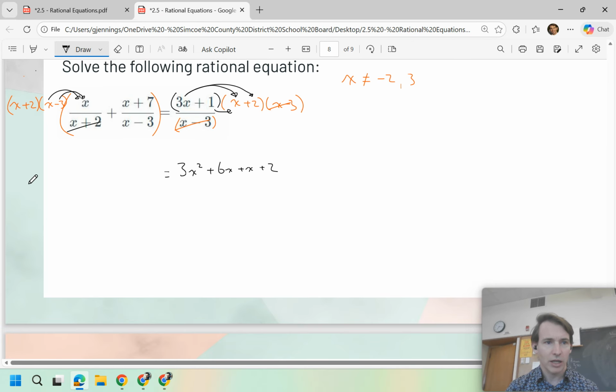Okay, so there I get x squared minus 3x. And over here, this one cancels, and I'm distributing this. So that's a FOIL. So there I have plus x squared plus 7x, and then plus 2x plus 14.